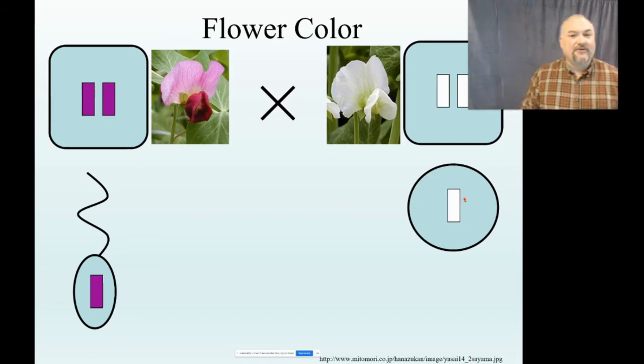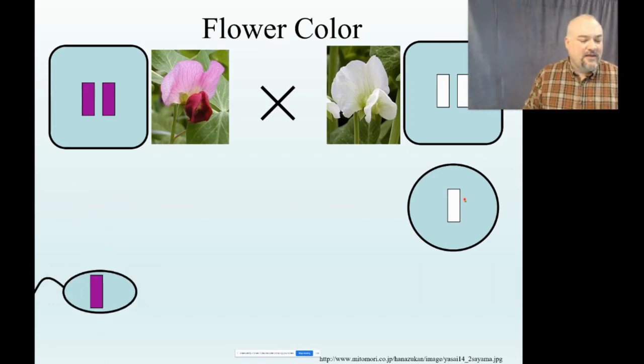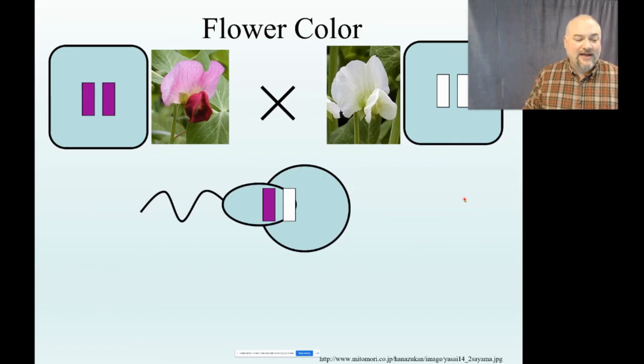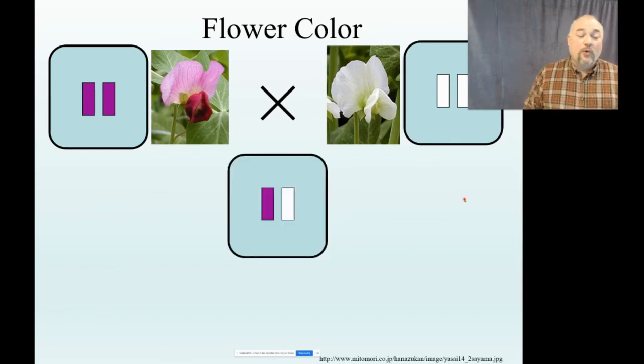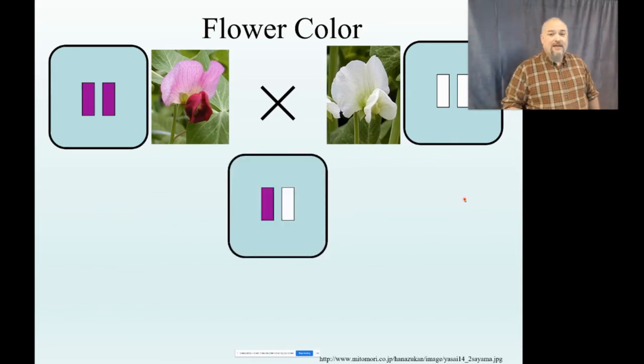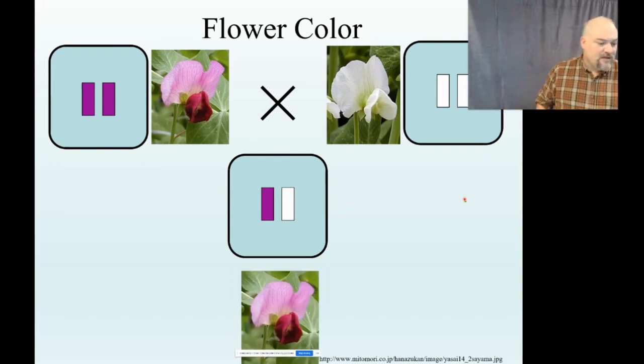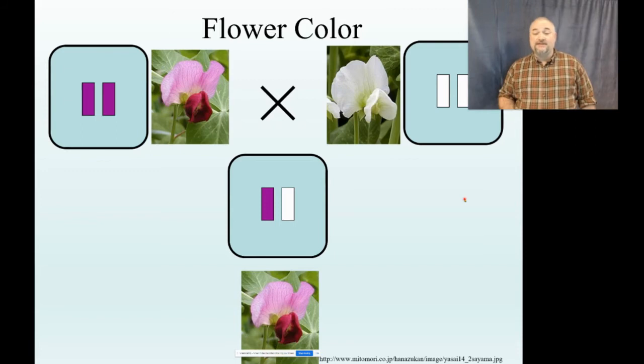And that means when we fertilize that egg and they come together, we have a new plant that is back up to the original number of alleles for every gene. So we got 2 alleles for every gene, in this case, a purple allele and a white allele. Okay. And that, if you look back at his numbers, produced all purple plants.